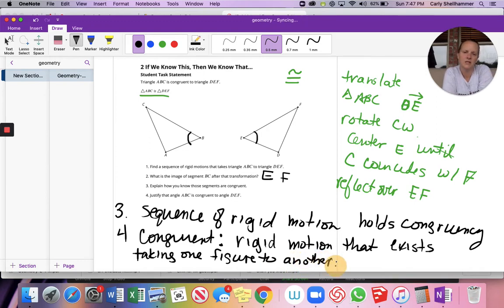Okay, so a sequence of rigid motions that takes one figure onto another means that all the pieces and parts are going to be congruent. Okay?